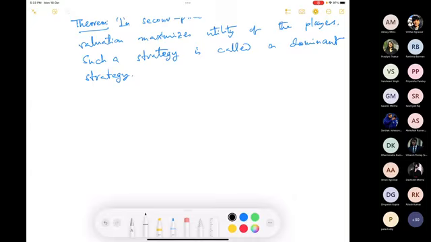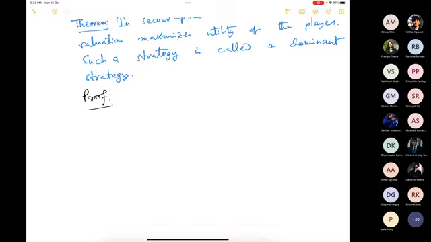Okay, so let's prove it. So let i be any player. What I will show is that bidding its valuation Vi will maximize his or her utility.